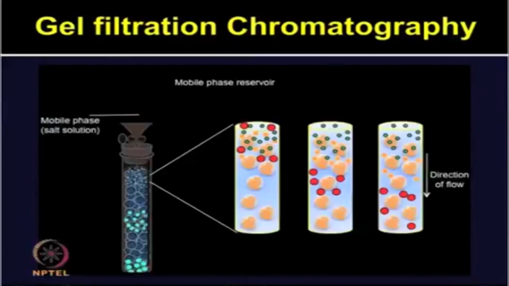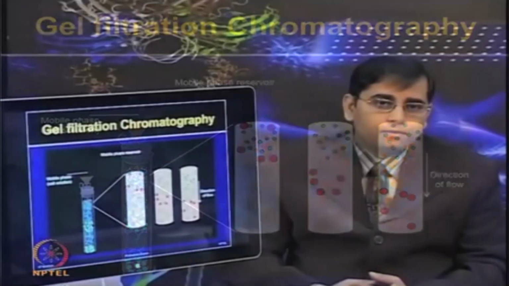When the protein sample is applied to the column, the small proteins pass through the pores of the beads, while the large proteins are excluded. Therefore, this technique is also known as molecular exclusion chromatography.